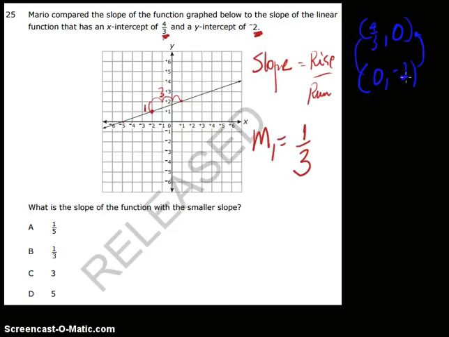So in this case, -2 minus 0 would be -2, and 0 minus 4 over 3 will be -4 over 3. Based on this, the slope M2 is -2 divided by -4 over 3.